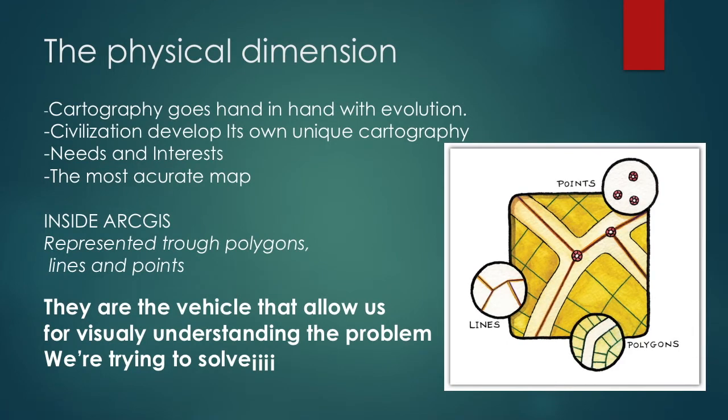As we all know, cartography goes way back into the development of civilization. It goes hand in hand with human evolution, and in different times each civilization has developed its own unique way of seeing the world, and therefore to draw their own cartography according to their needs and interest.